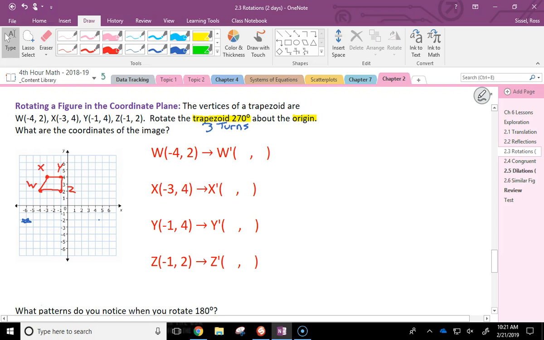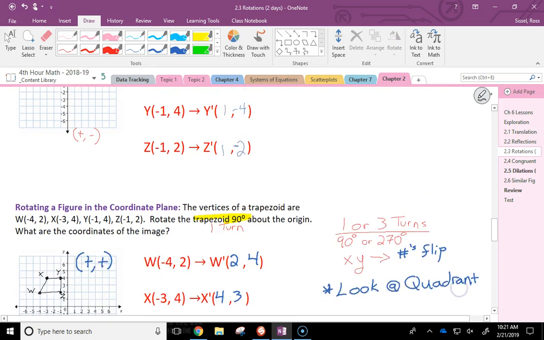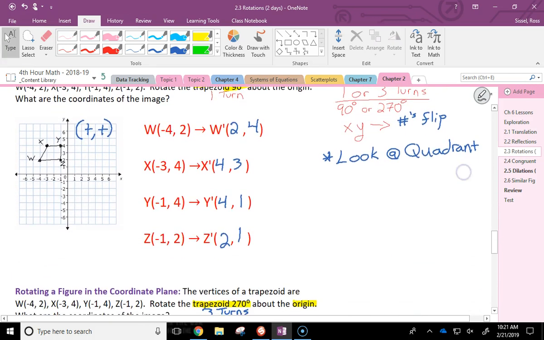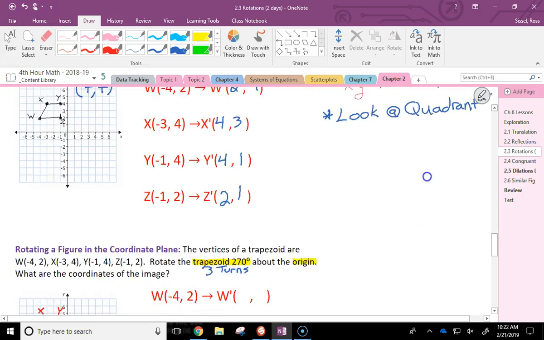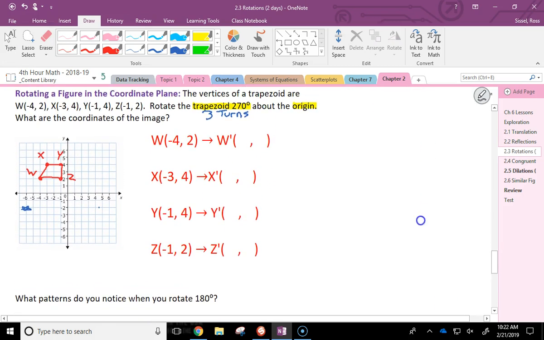Now, what is the rule when we do 3 turns? What will happen to our x and y coordinates? We just had this up here. Not about the values. What do we do with the x and y numbers? What do we know with 3 turns?